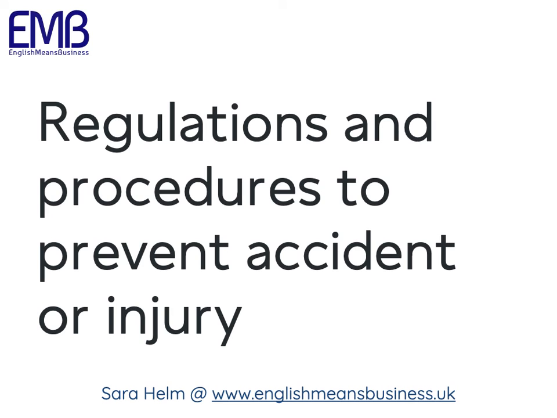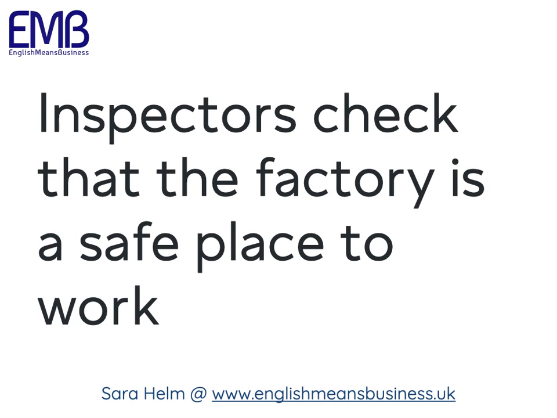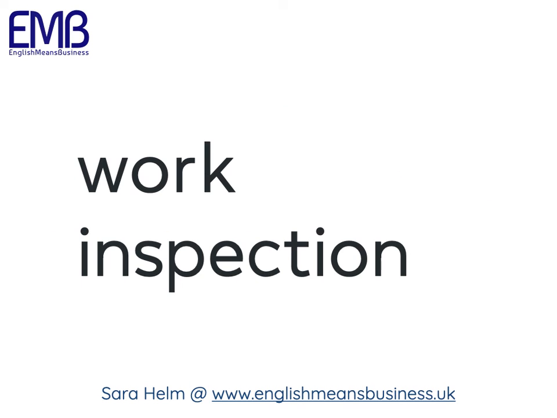This area is regulations and procedures to prevent accident or injury. Health and safety. When inspectors come to the factory to check it's a safe place to work, the factory is having a work inspection.